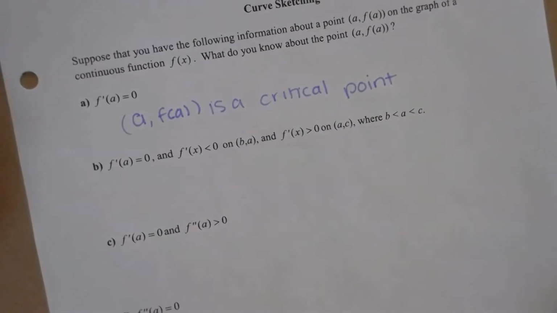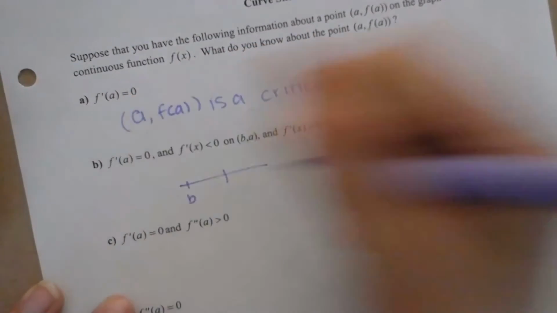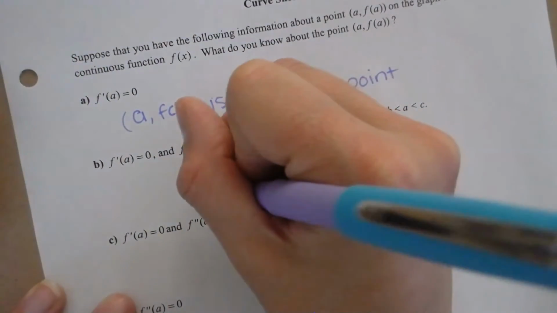Part B, f prime of A equals 0 and f prime of x is less than 0 on the interval from B to A. So if the interval is listed as B to A on a number line, that means B is over here and A is here.